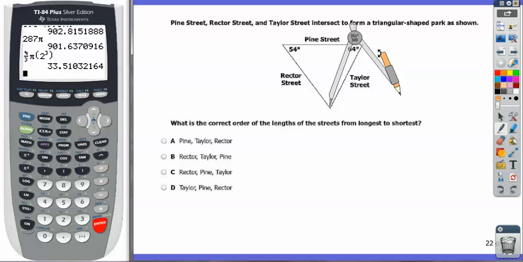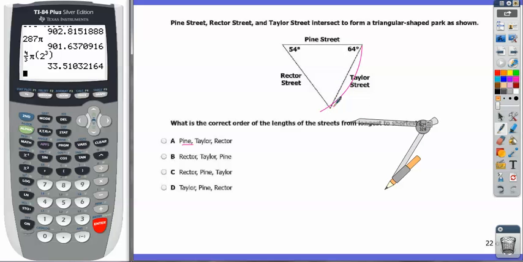Actually, it says Pine for A. So let's see if Pine's the biggest. Put this here, open it up. This is Pine. Uh-oh, I already can see that it's not quite, because it actually hits less than that. So Pine is not.